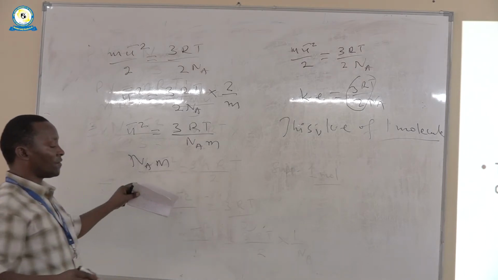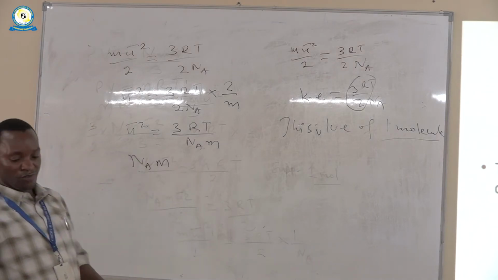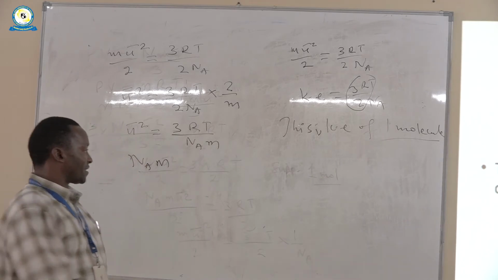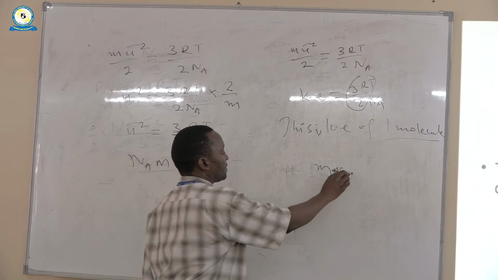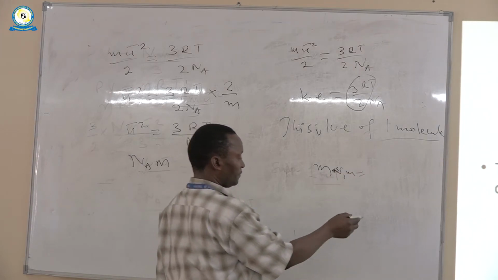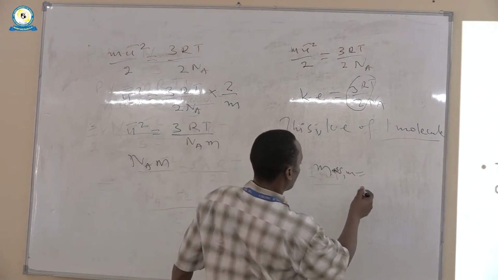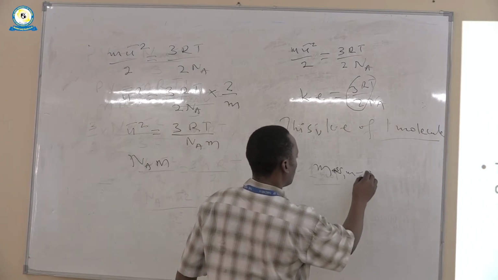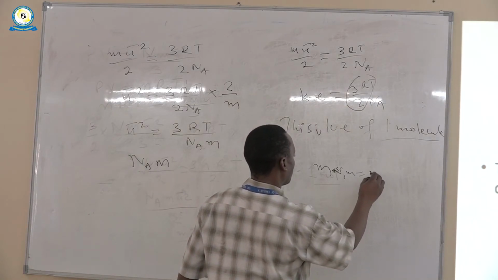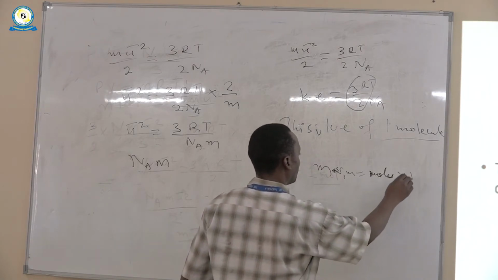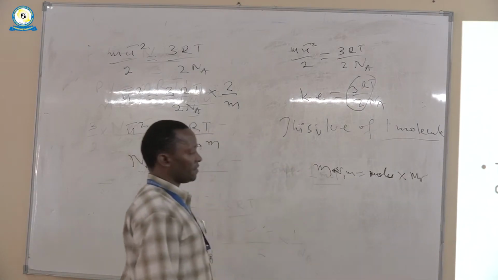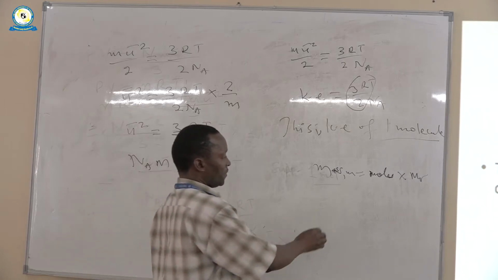That is Avogadro. You know that usually mass is equal to number of moles times molar mass.